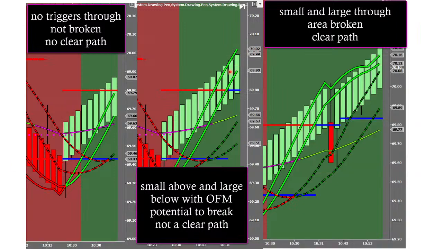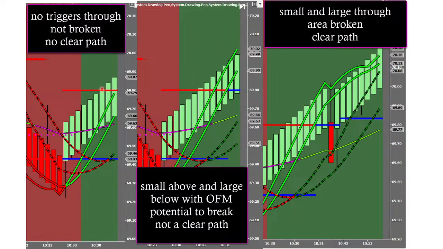When your small triggers absolutely annihilate the area, but your large triggers haven't made it, the area is not broken. But because of the momentum on the chart, because of the odds favorable momentum, because the small triggers have gotten so far beyond the area, this is an area with the potential to break. This will be your first medium probability trade that I give you a plan for.